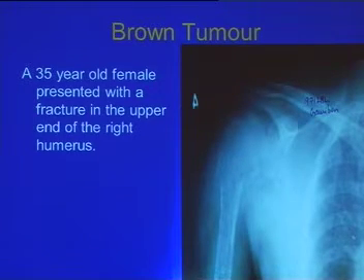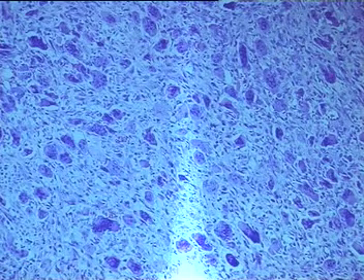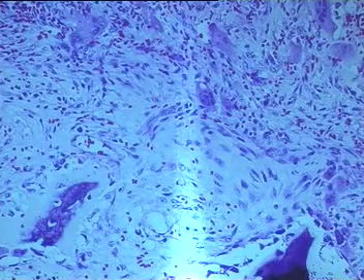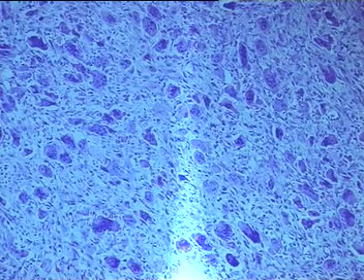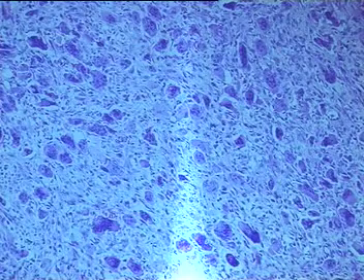It can be due to parathyroid hyperplasia or parathyroid adenoma, and it presents as a lytic lesion, and there are a whole lot of radiological appearances on the basis of which one can suspect that this is not a true giant cell tumor, but it is a brown tumor of hyperparathyroidism, and I won't go into the details of that. And small pockets of a brown tumor of hyperparathyroidism can be almost indistinguishable from a true giant cell tumor.